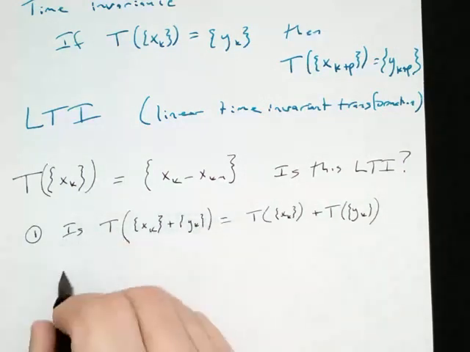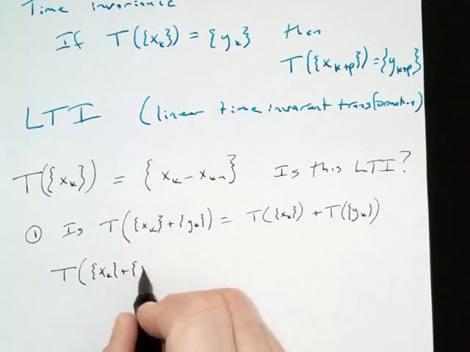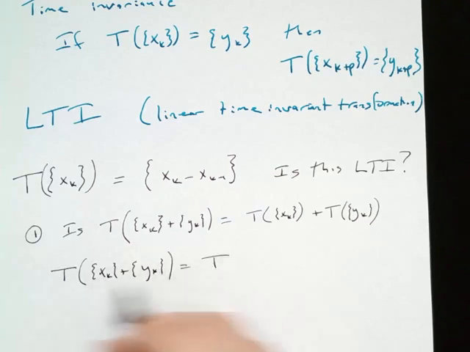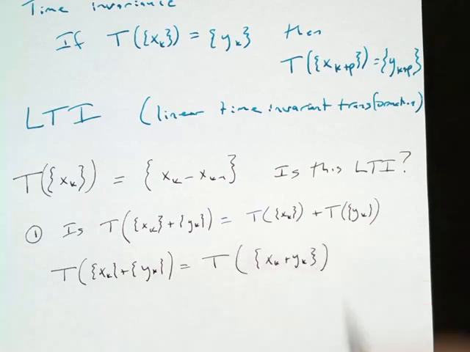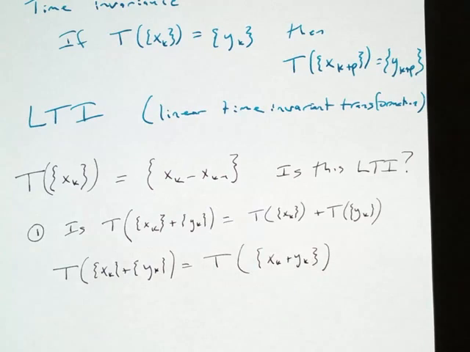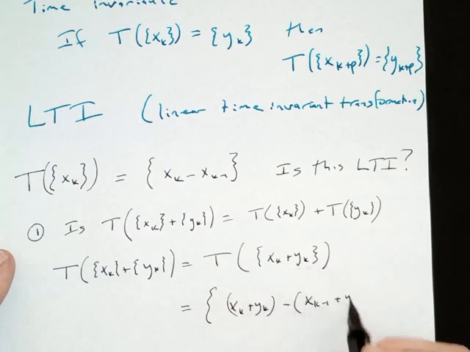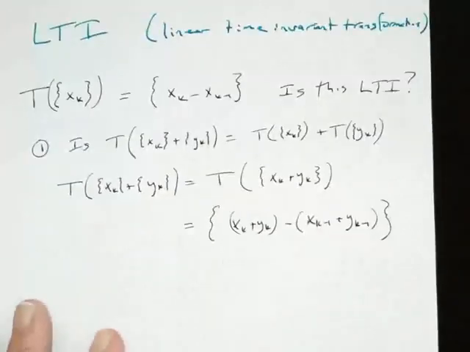Let's start with the left-hand side. T of xk plus yk. Well, that says add the two signals before I do the transformation. Transformation says you take the kth one and subtract the one before it. With me so far?